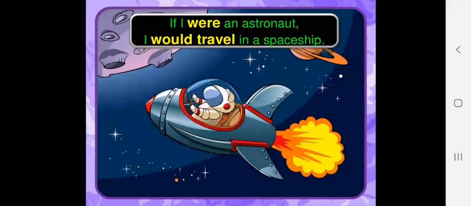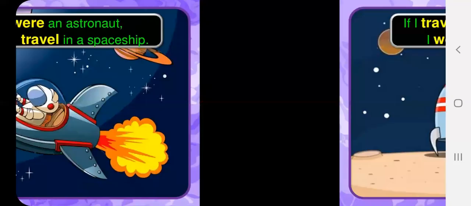You see the second example, if I were an astronaut, I would travel in a spaceship. Again, it's a hypothetical situation, it's not real, but it's a wish, and maybe some time, if I were an astronaut, I would travel in a spaceship.